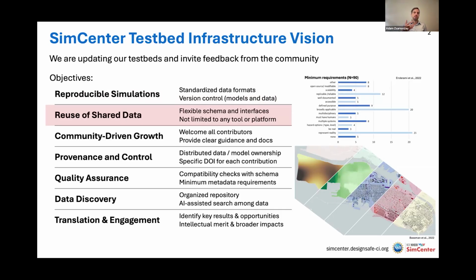So we don't want these test beds that are created to be exclusive to a particular simulation platform or a particular simulation workflow. We imagine them more as a collection of data and models that are as flexible and open as possible so that people can really experiment with them.